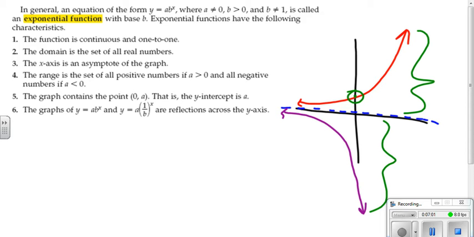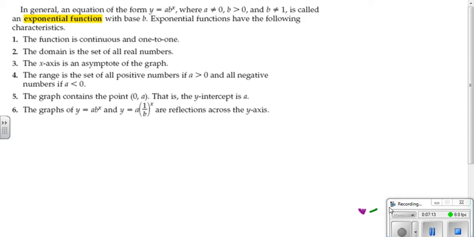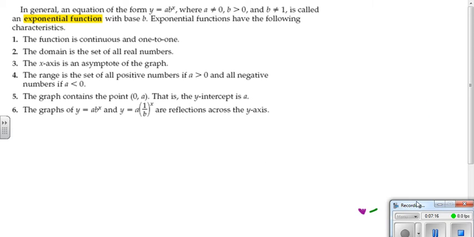The graphs of y equals a b to the x and y equals a (1 over b) to the x are reflections across the y-axis. Now again, just an example of what that looks like.